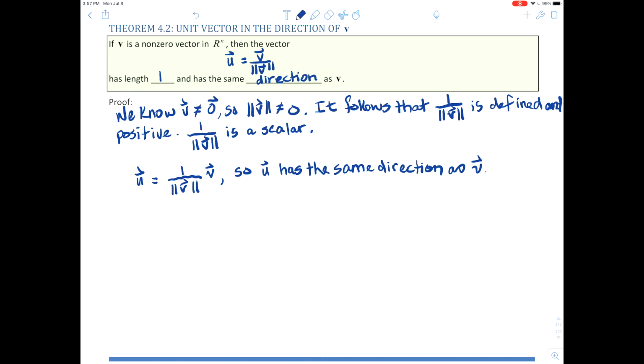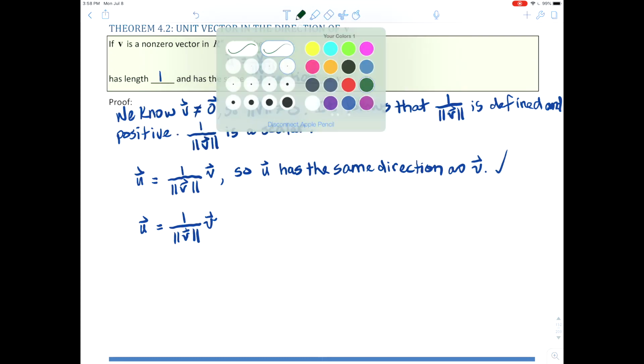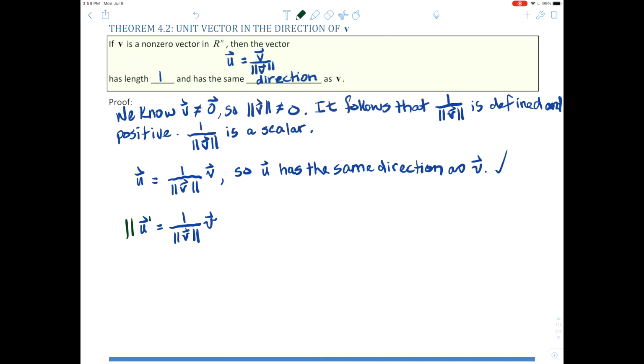And that was part of our proof. All right, well, if we know that u is equal to 1 over the magnitude of v times v, what could we do here? Good, we could look at the magnitudes. If these vectors are equal, then their magnitudes must be equal.